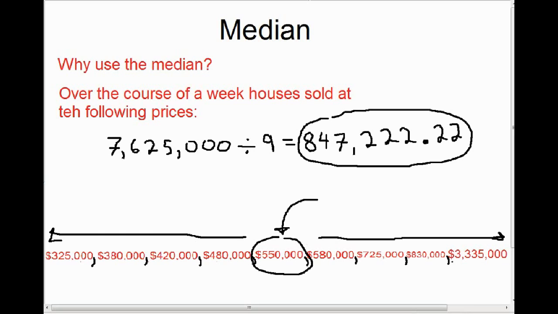And that's because, again, this 3 million was really pulling the mathematical middle up. Whereas if I'm a real estate agent and I want to know kind of the middle price, where about things are selling for, this is a better indication here than the mean, because again we had this one value that was much bigger than all of the other values.